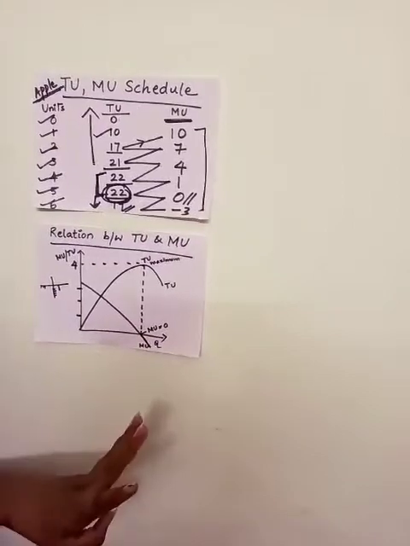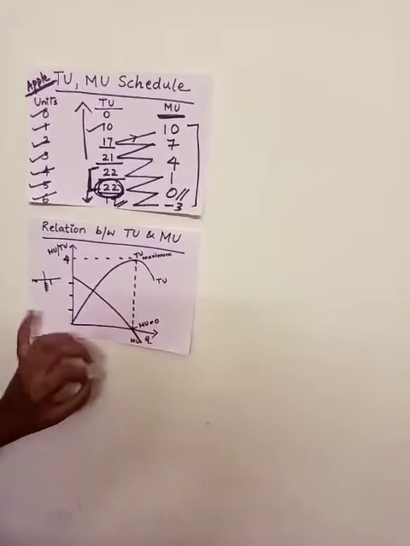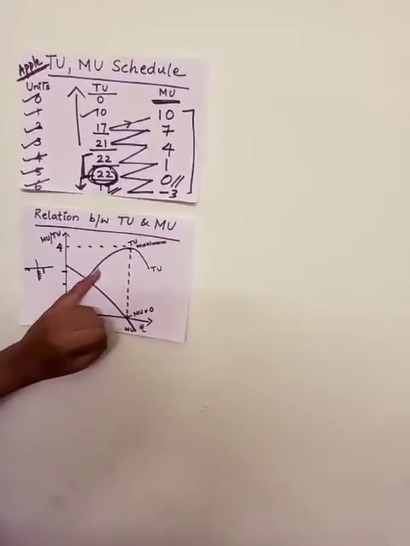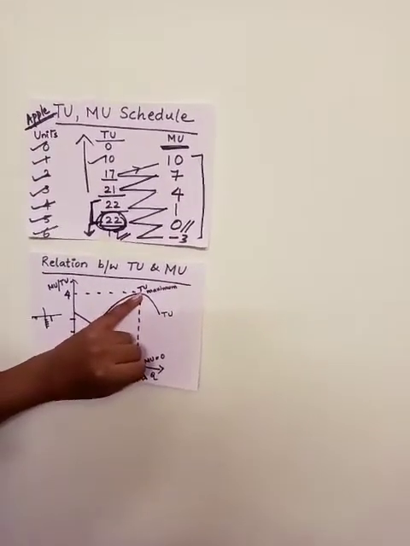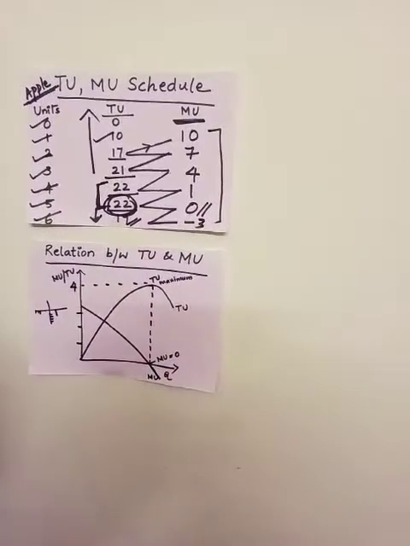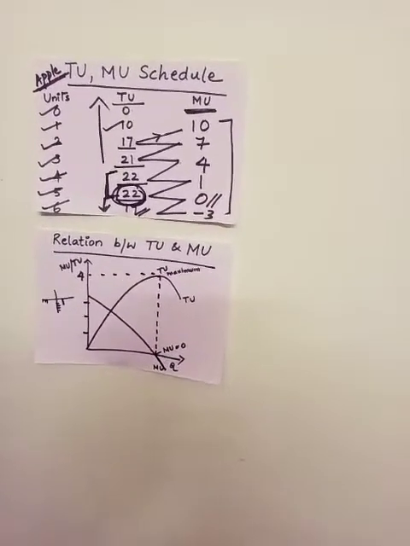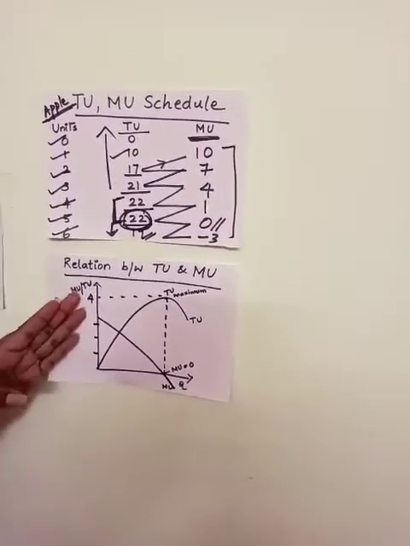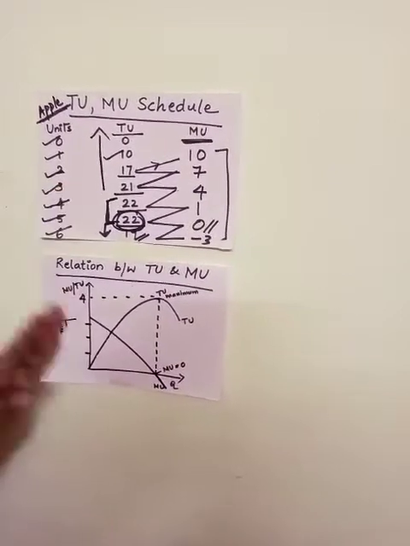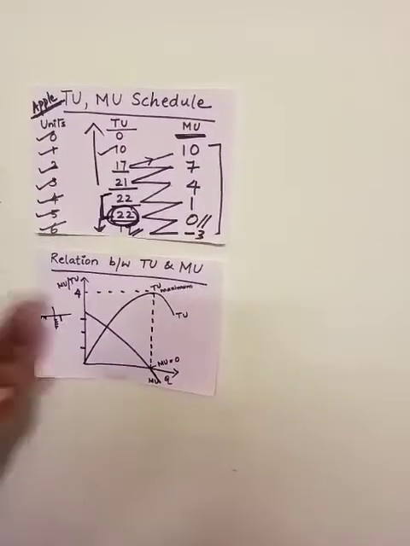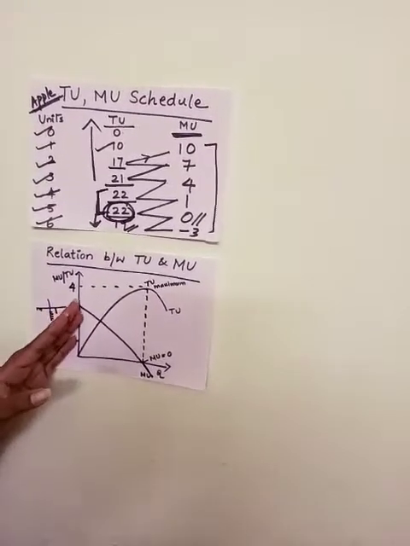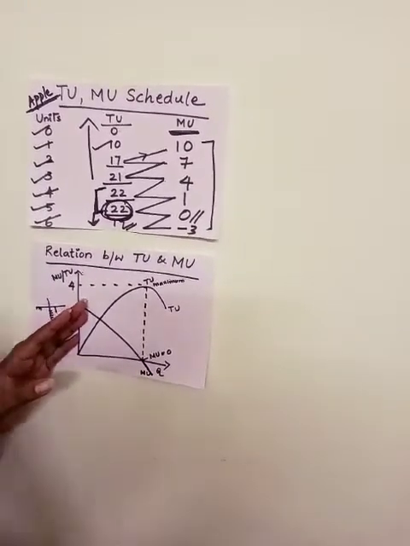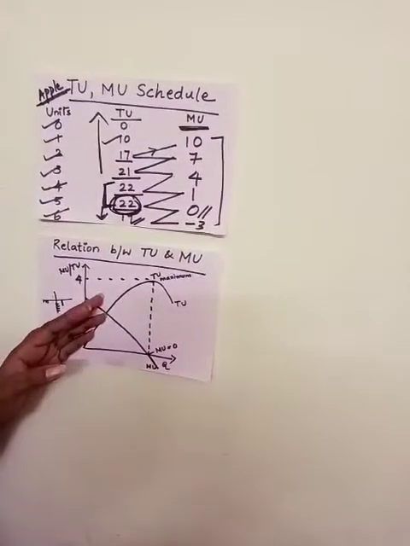Fourth point, TU increases at an increasing rate initially, reaches a maximum point, then starts decreasing. So this is the TU and MU schedule with a diagram. You have to be very, very thorough with it. Then only we can move towards the micro part. The whole micro thing is revolving around the concept of marginal.